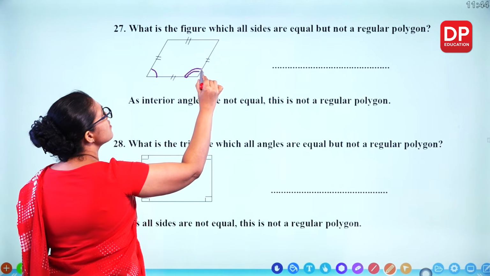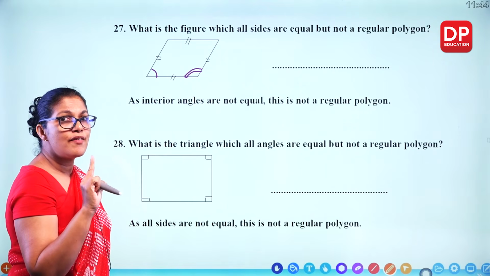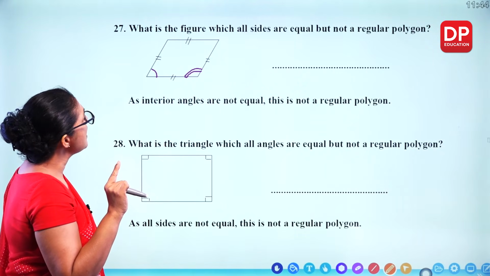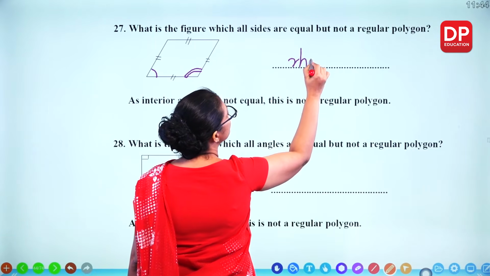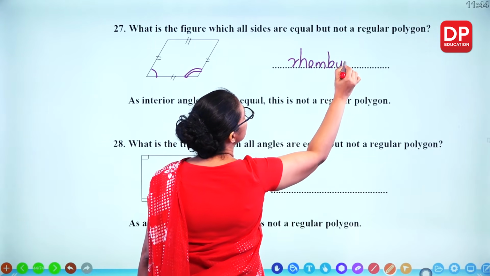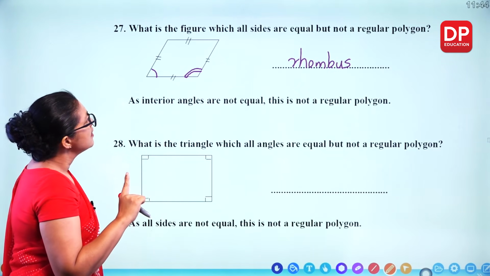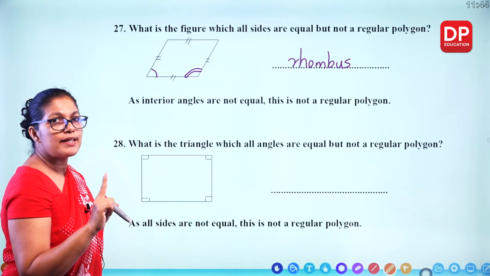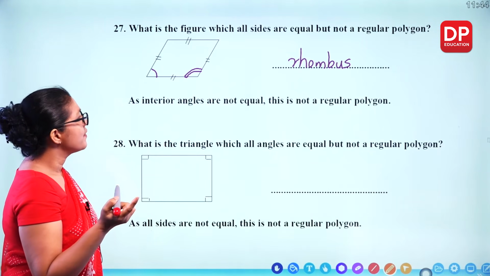So because of that, we don't say this figure is a regular one. What is the name of this? Rhombus. So rhombus, it's not a regular polygon, even though all sides are equal, angles are not the same.